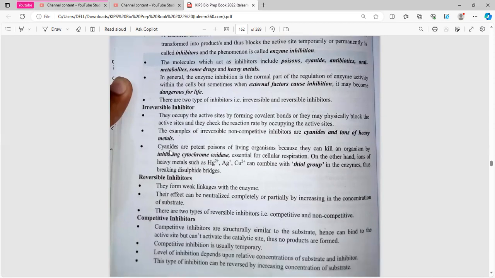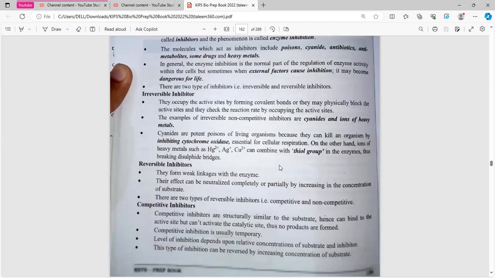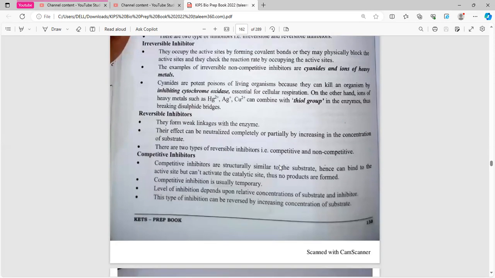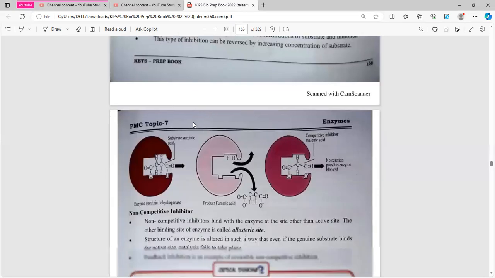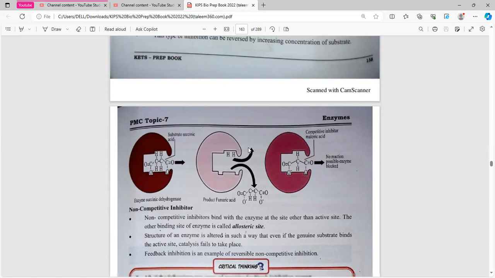Here, they have explained how cyanide inhibits cytochrome oxidase, which is required for cellular respiration, and this acts as an irreversible inhibitor. As I talked about previously, they have shown by figures how competitive inhibition occurs, and in this example for the syllabus, malonic acid and succinic acid competitively inhibit each other.